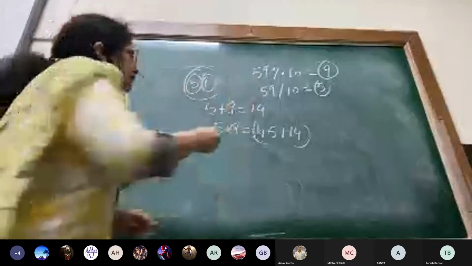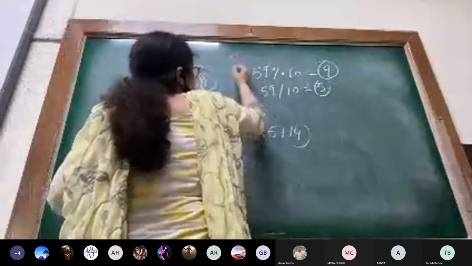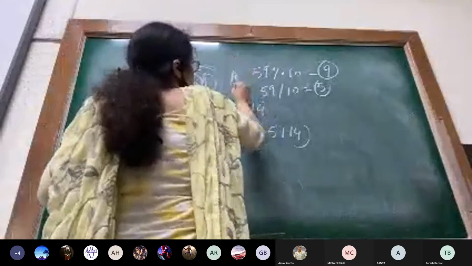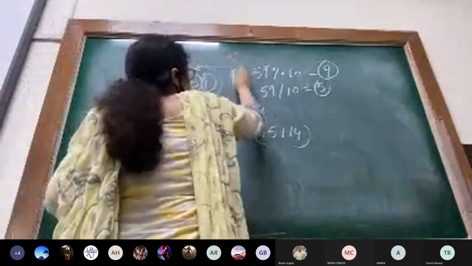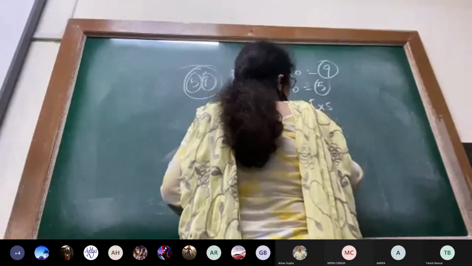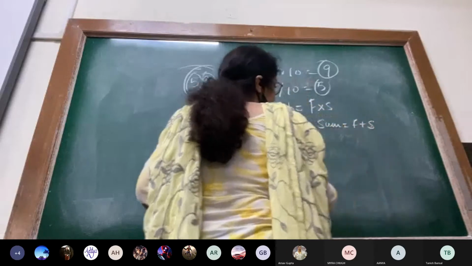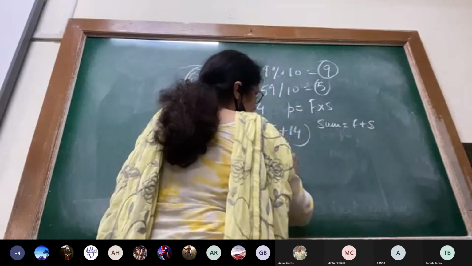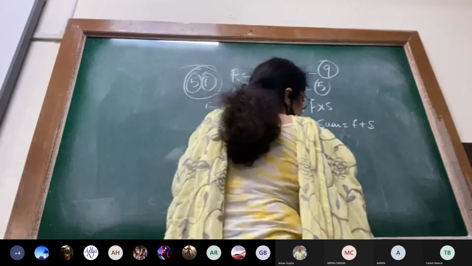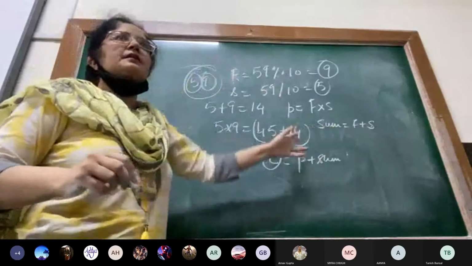Just take a variable, percentage for the remainder, and let's say first digit, second digit. P is equal to F into S, and sum is equal to F plus S. Then C is equal to P plus sum. If C is equal to the original number, then it is a special 2-digit number.